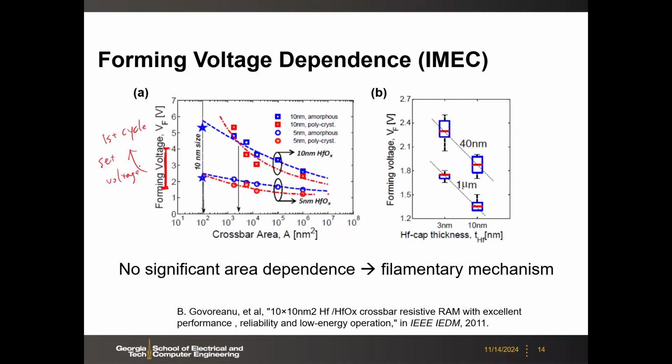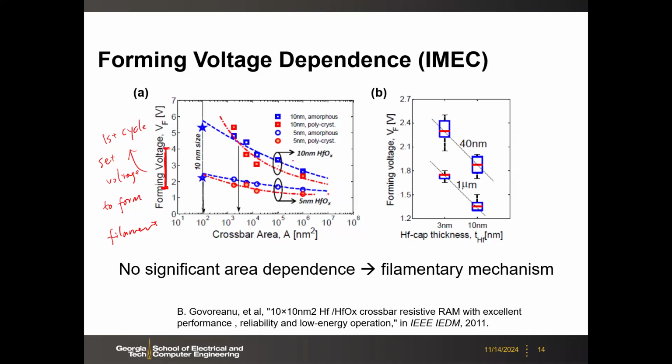We call it forming. So you have to form the filament. This is the very first cycle. You have to basically burn the device. They also call it the burn-in process. So the very first cycle, the voltage is a little bit high.